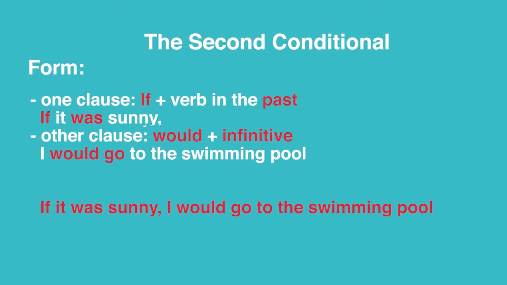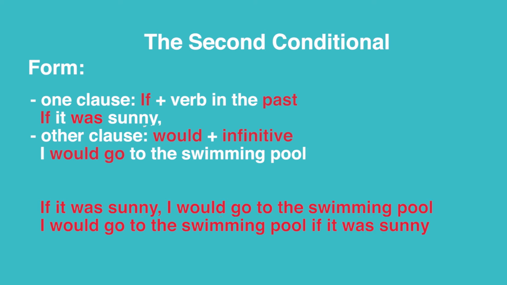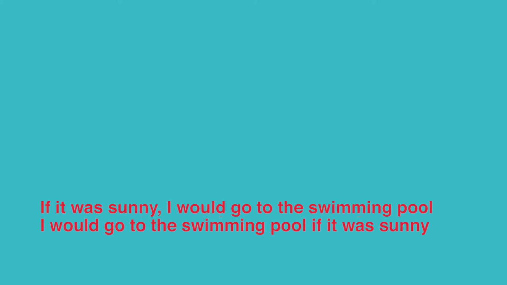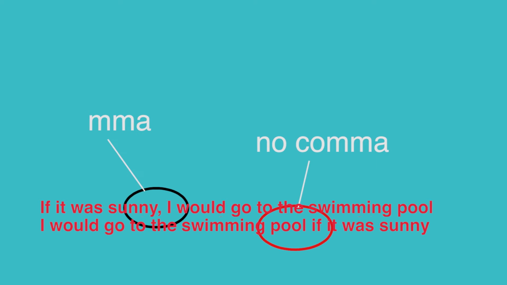We can also form it by changing the order of the clauses. So instead of starting with if, we can start with I would go to the swimming pool if it was sunny. Notice in this case we don't put a comma between pool and if. We only use a comma if the if clause is used first.